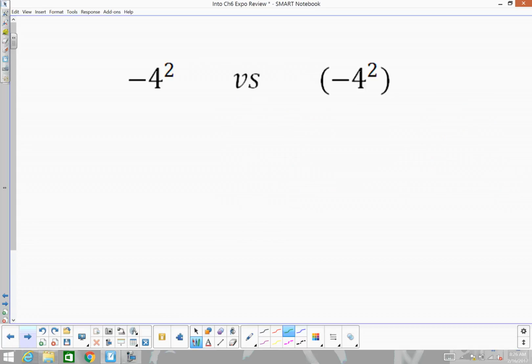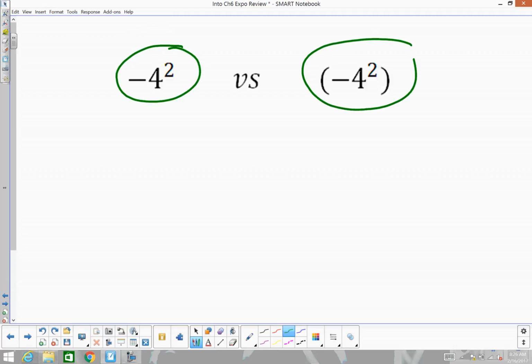Okay, now, if I were to go a little bit further and understand bases. What's the difference between my left and my right exponential forms? The obvious difference is my parentheses.